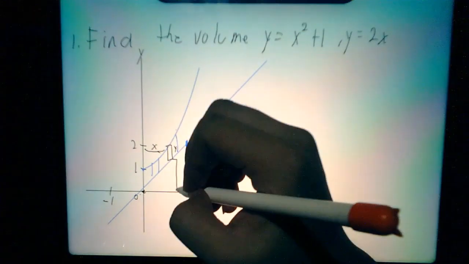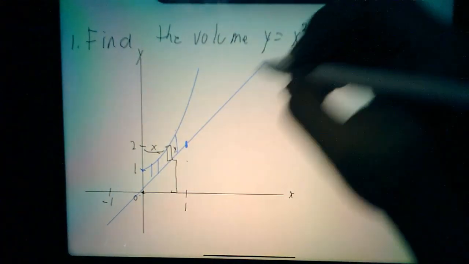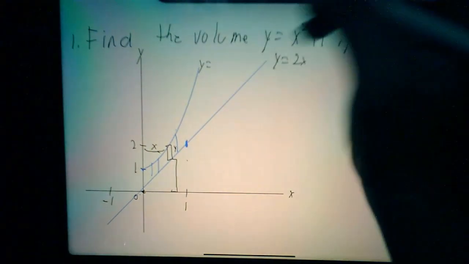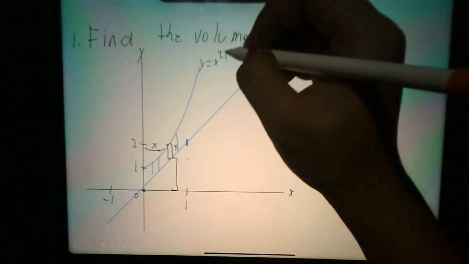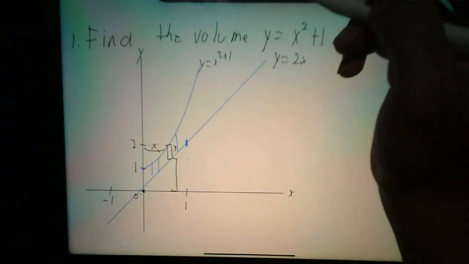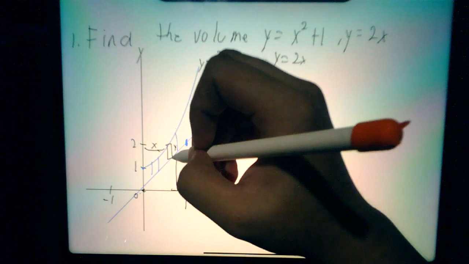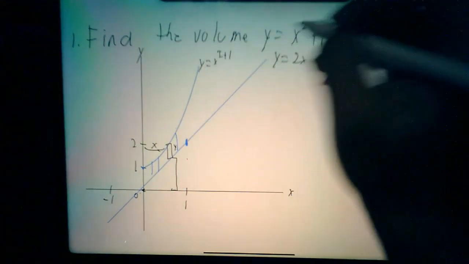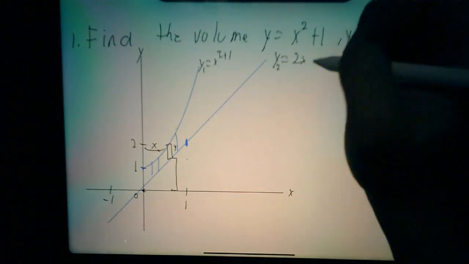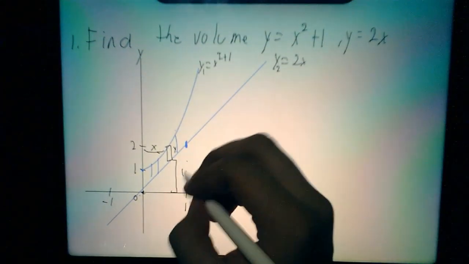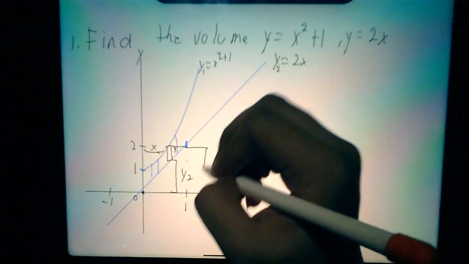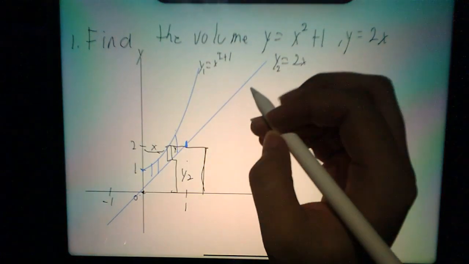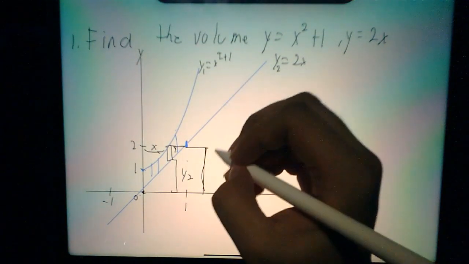Let's label this as y equals 2x and y equals x squared plus 1. Touching the bottom of the vertical strip, let's label this as y1 and y2.